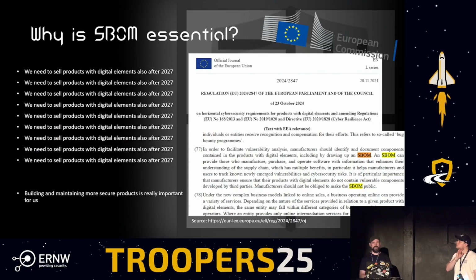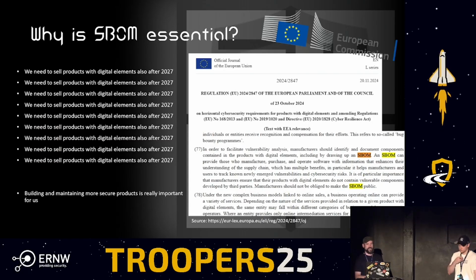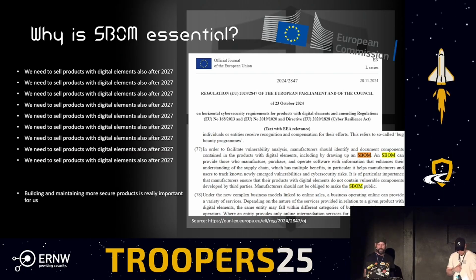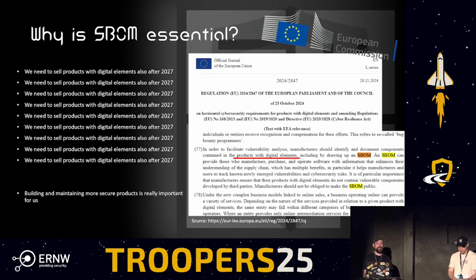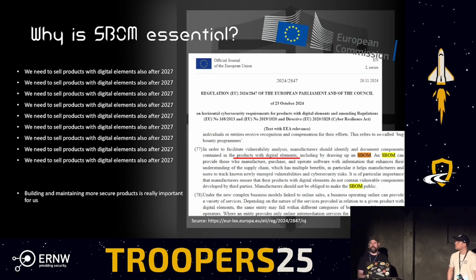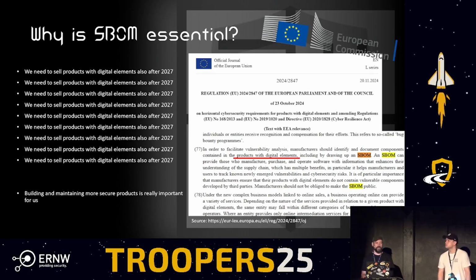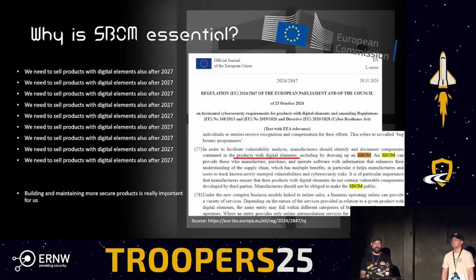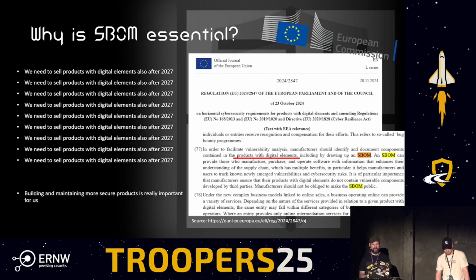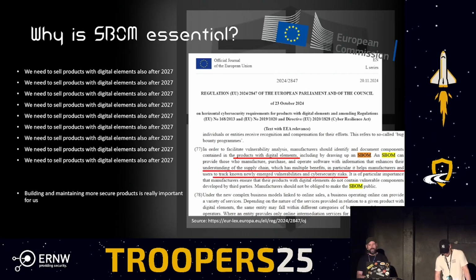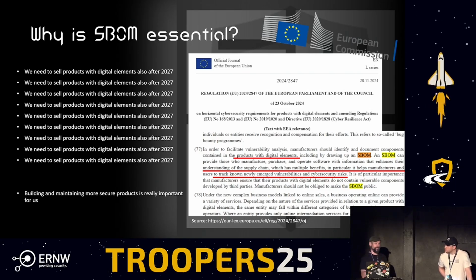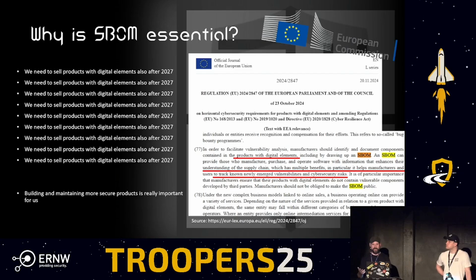But it is not only useful for us, it is essential for us. Because of the Cyber Resilience Act, and this Cyber Resilience Act affects all products with digital elements. And now think about which products are not affected. Not a lot. Most of the products are affected somehow. And with this, we are now able to understand the software supply chain, all of the dependencies.